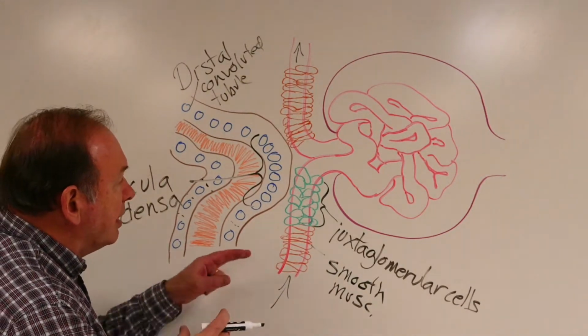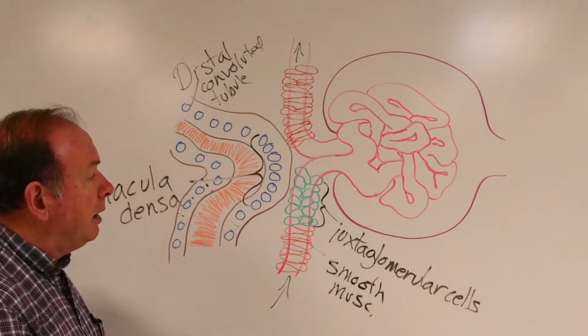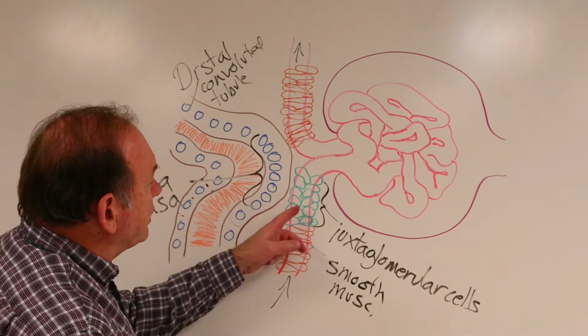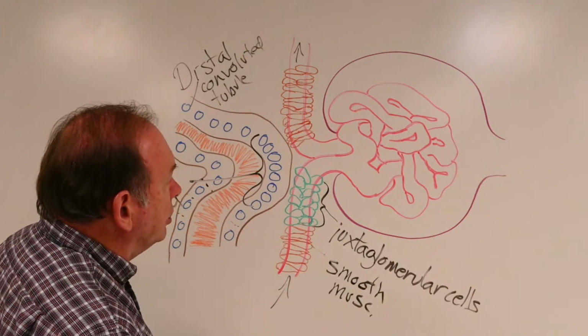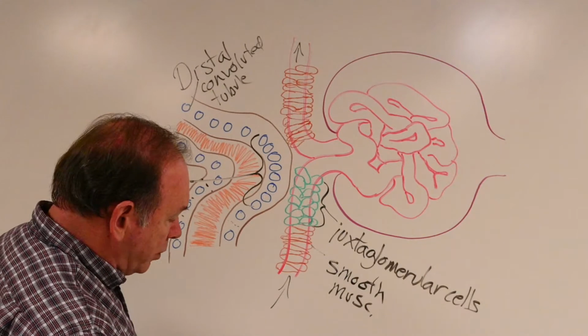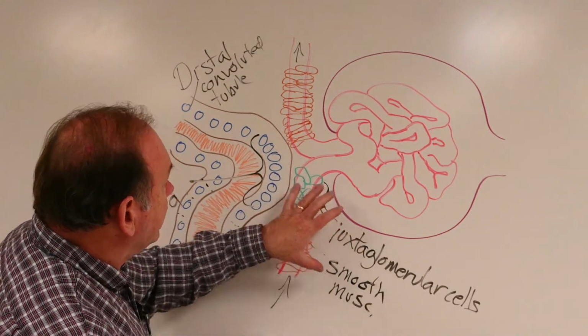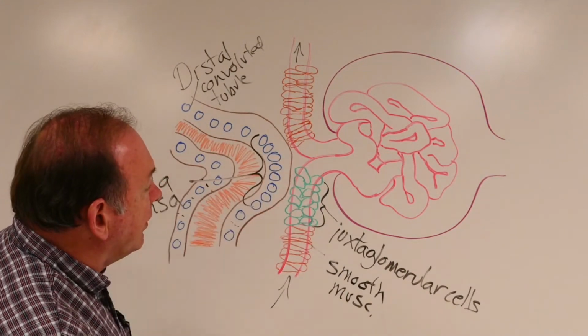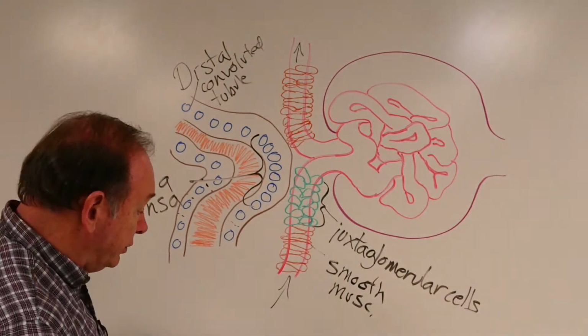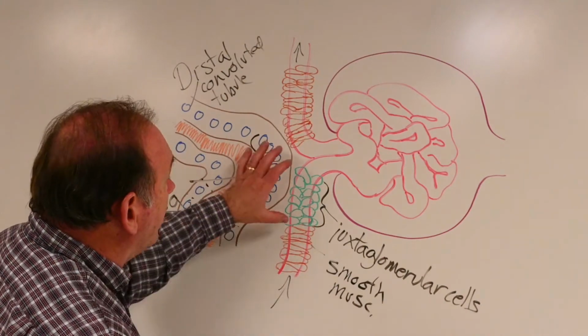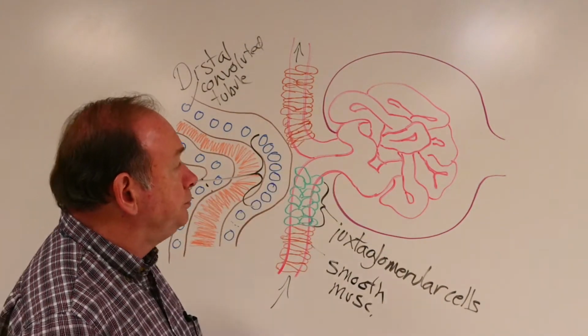They're smaller cells, more tightly packed nuclei along this wall. So there's an interaction here that's very important to regulating blood pressure, and we're going to talk about that next. So here's your juxtaglomerular apparatus, this interplay between macula densa and juxtaglomerular cells at the vascular pole of your renal corpuscle.